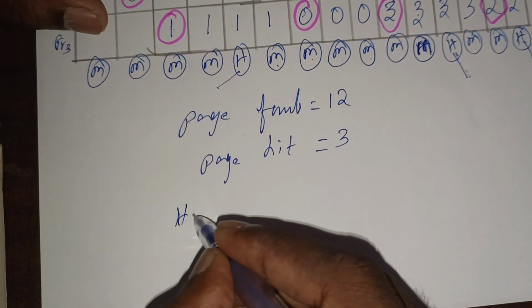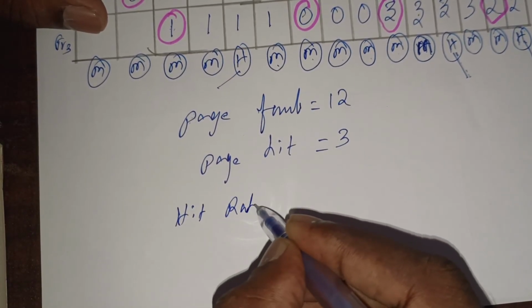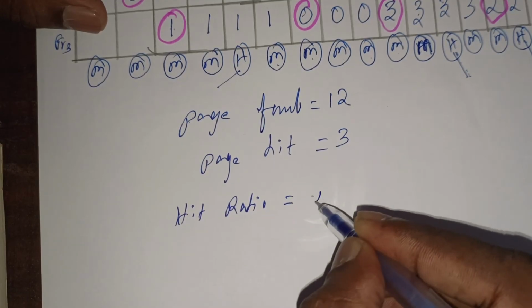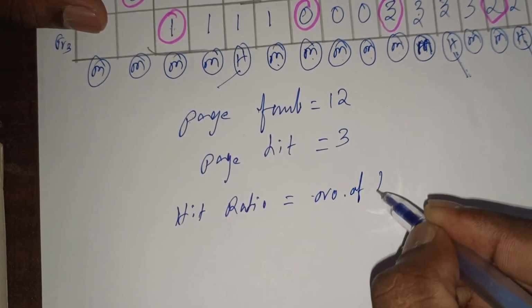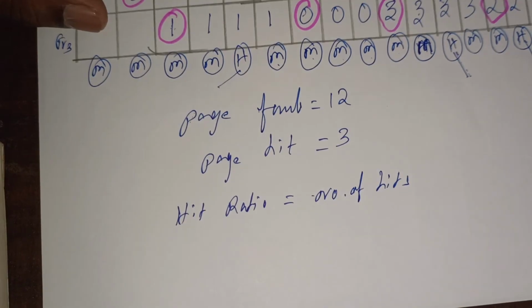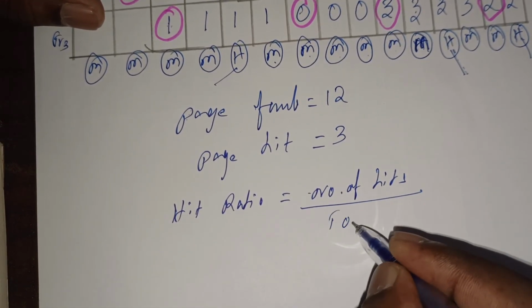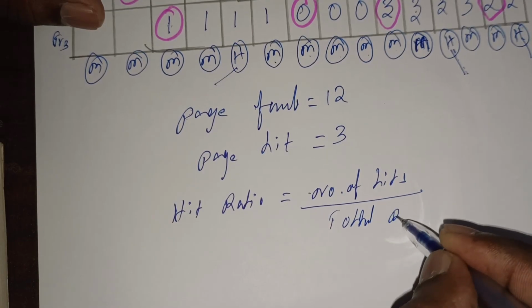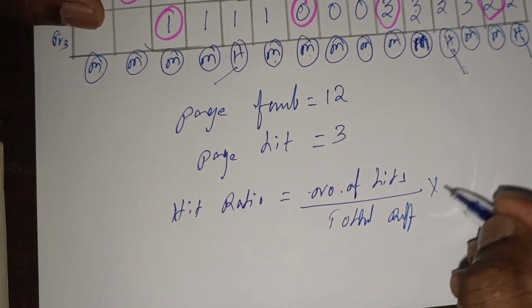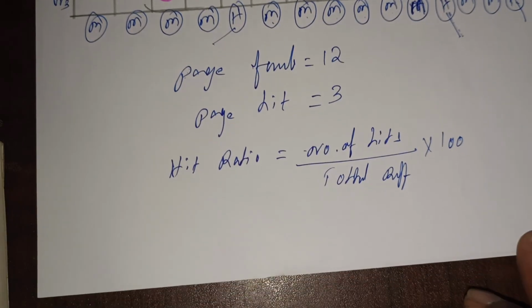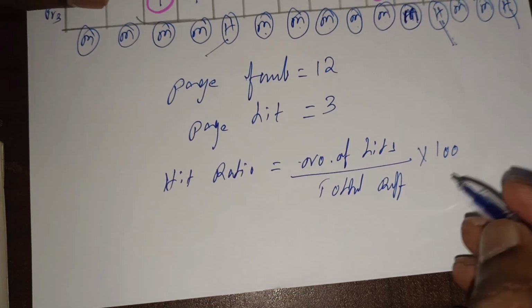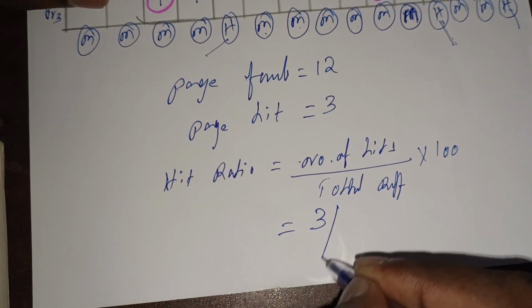Okay, so hit ratio is equal to number of hits divided by total references, right, into 100. So this is the formula. So how many hits do we have? 3 hits.